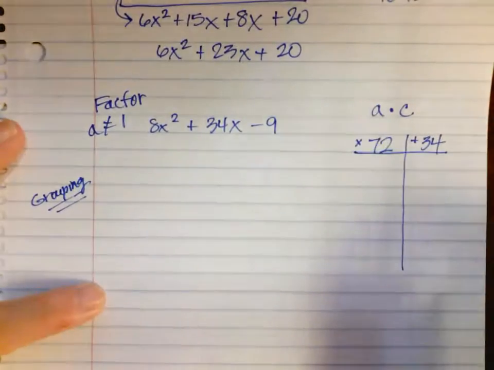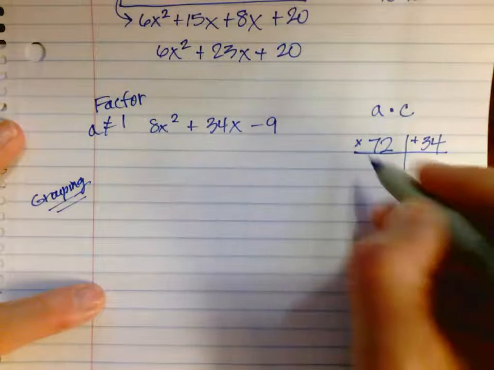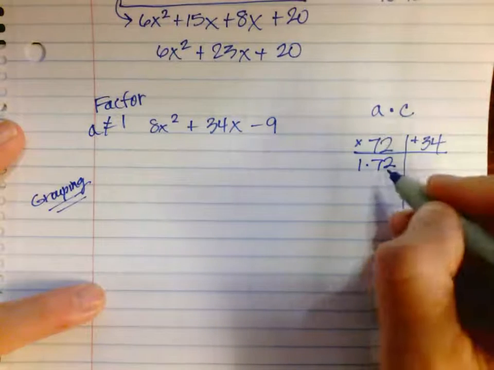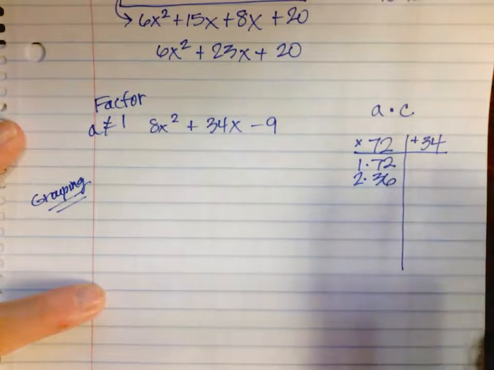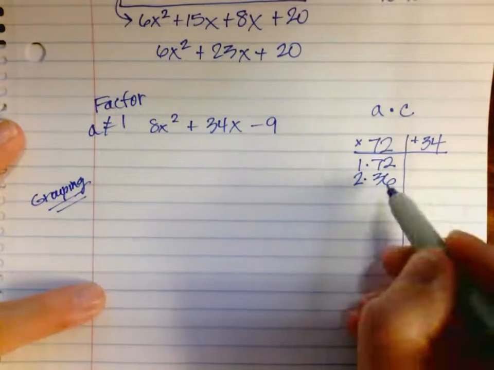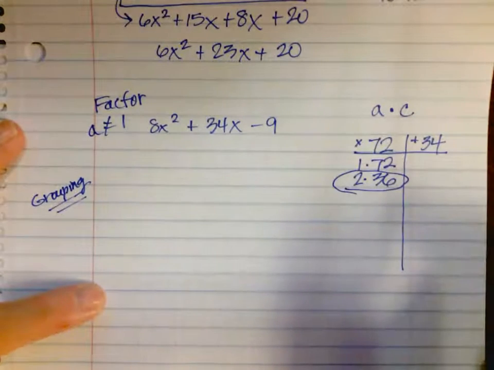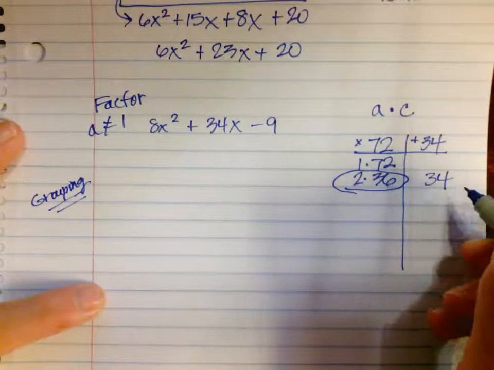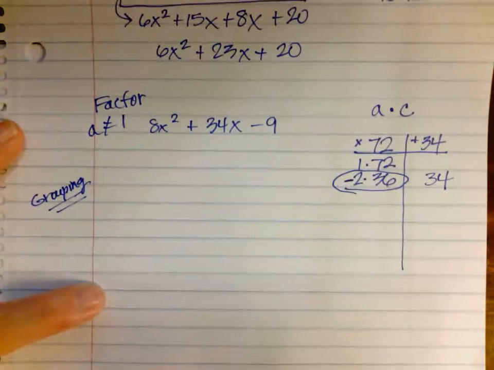So we start coming up with factors in a methodical way. 1 times 72, 2 times 36. Actually, I can stop there because 2 and 36 can combine to give you 34. The 2 is going to be negative.